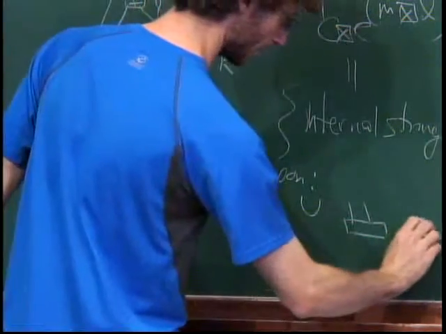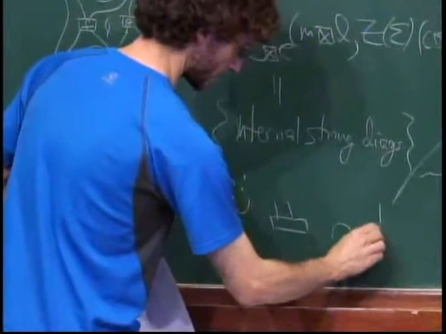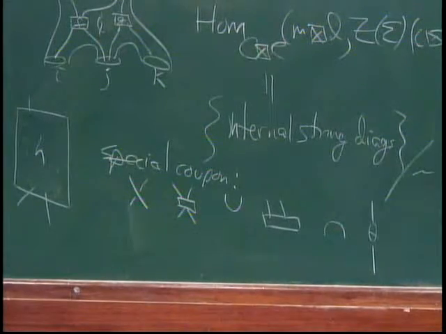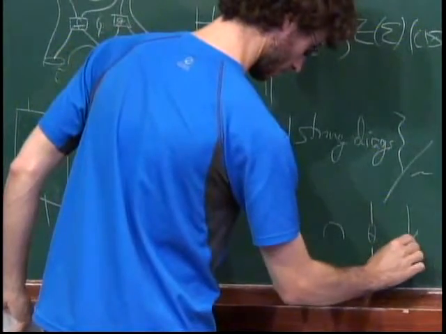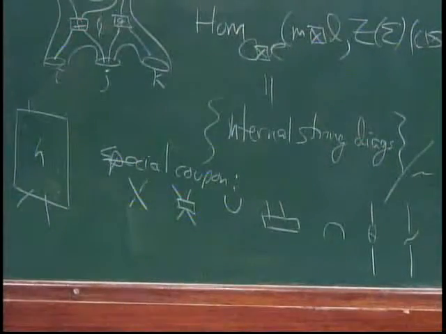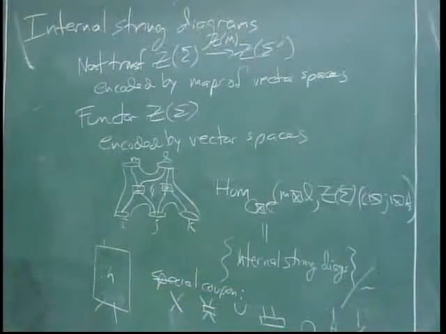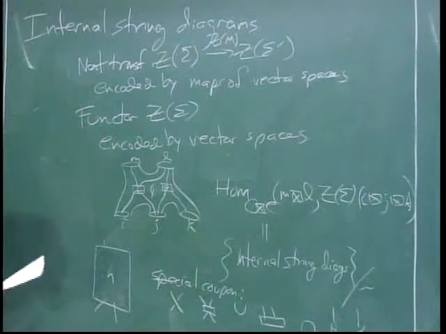And similarly, that one, and then there's one last special coupon. If it's a ribbon category, then there's this coupon which we just labeled theta, or Andre drew it with this twiddle notation like that. I think that's all I need to say about that.